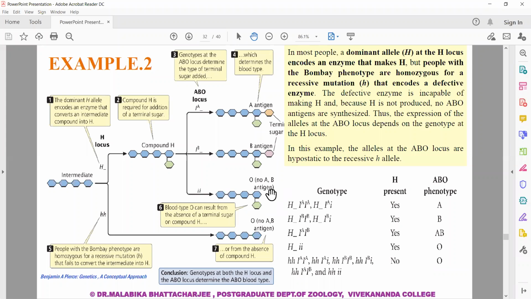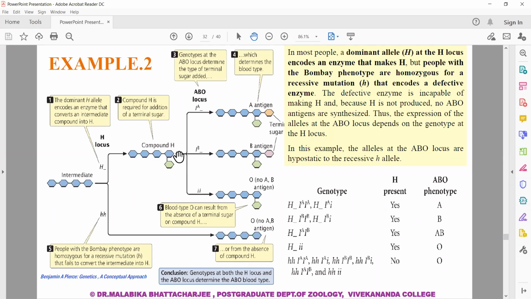Now comes the peculiarity of the case, which is known as the Bombay phenotype. Okay, let's look here. Suppose you can see this is the H compound, the H locus. There is a mutation and we get this combination, small h, small h. So this is a mutant. Since this is a mutant, no H compound will be produced, and we have only an intermediate precursor.